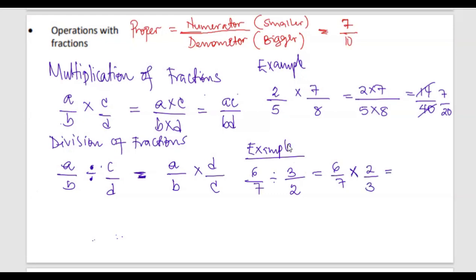And the answer goes on, and we say 12 over 21. By 3, you get 4, and by 3, you get 7. So the answer is 4 over 7. That's how we do it. Those are the principles.